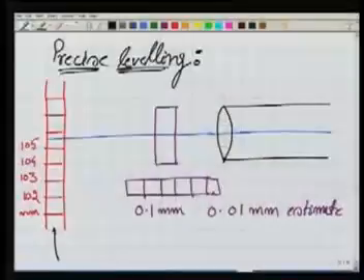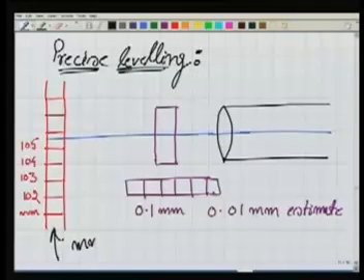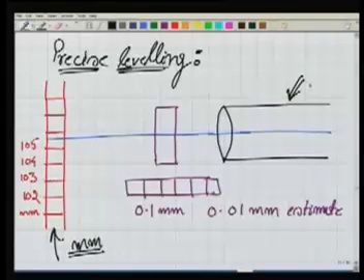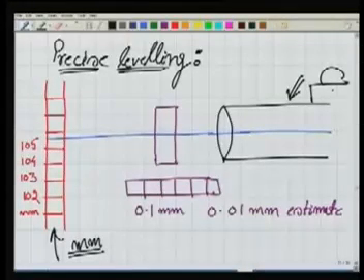In precise leveling, we especially make use of a staff which is graduated in millimeters. We bisect the staff using the telescope of our level, which is a simple level, an auto level, by making the line of sight horizontal.